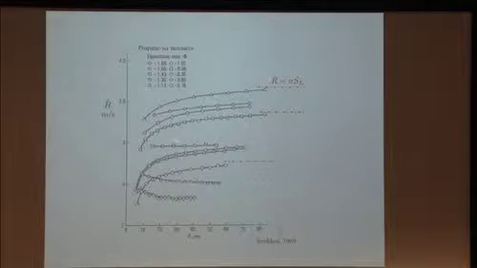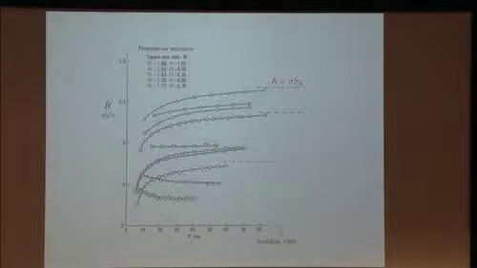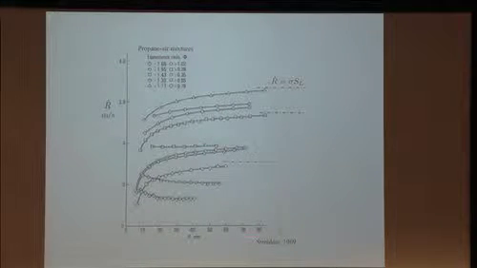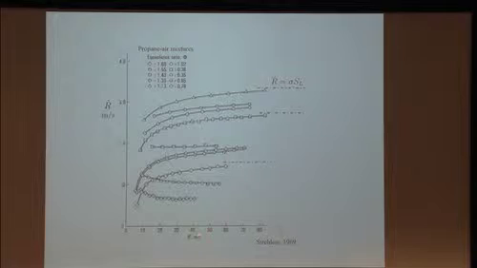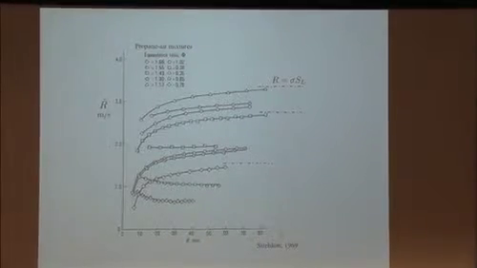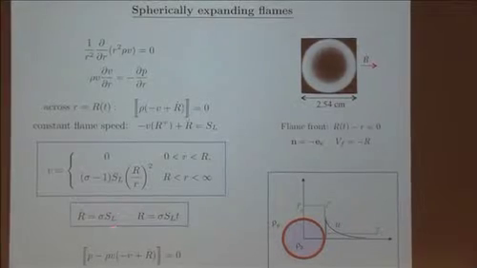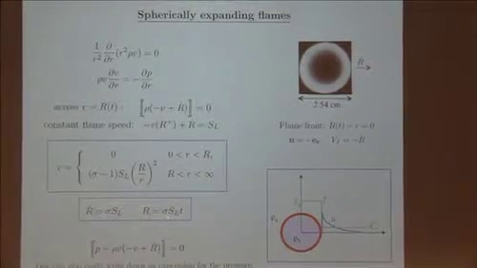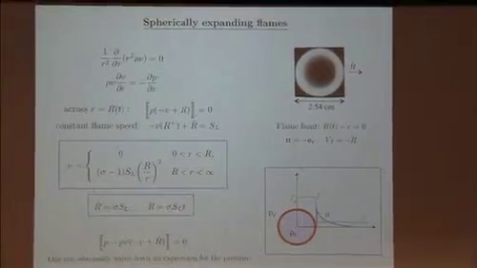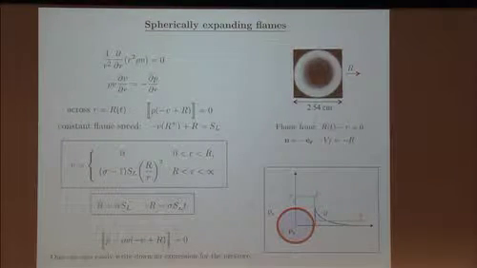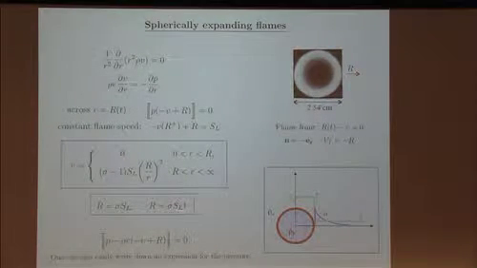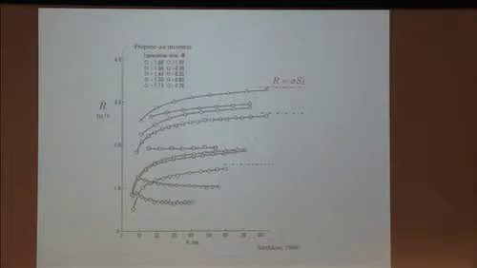And those are experimental observations of propane-air mixture at different equivalence ratio plotted as a function of the radius. Remember that the radius is the same thing as time because if you integrate this relation, it tells you that the radius is sigma SL t. So time and the radius are proportional to each other.